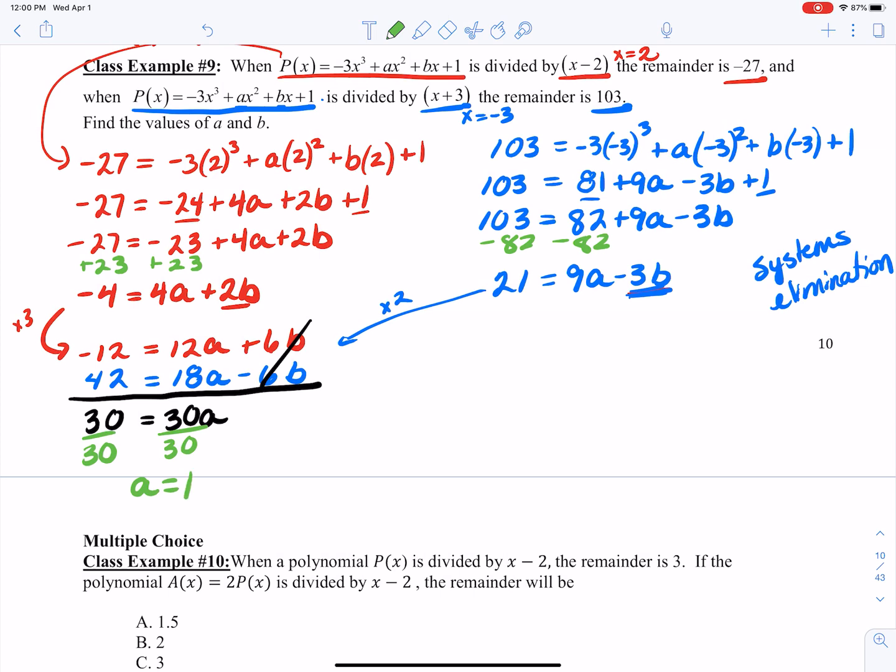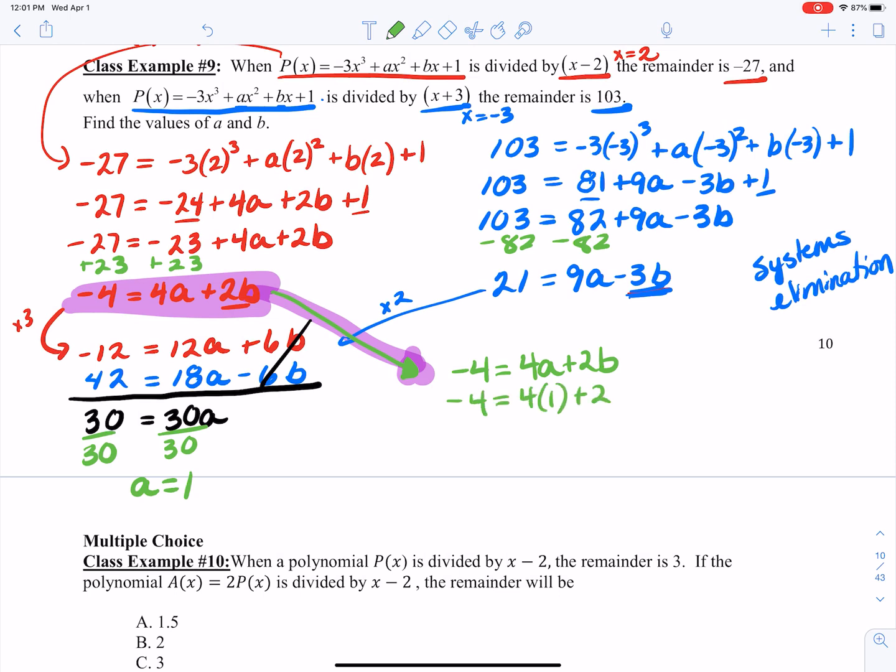Now I can take any equation I want to find a b value. I'm going to go ahead and take this one because it is quite simple to work with. Negative 4 is equal to 4a plus 2b. Negative 4 is equal to 4 times 1 plus 2b.